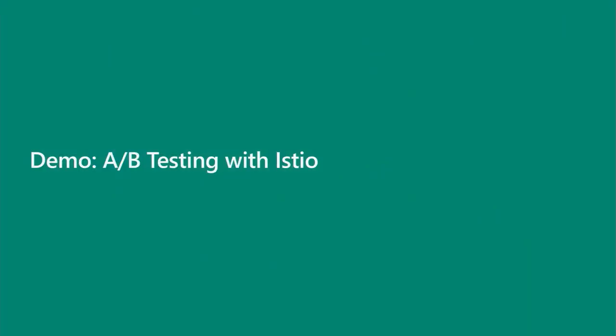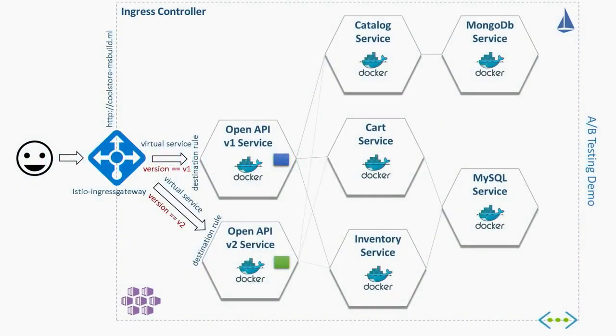We call this A/B testing, and we can use several tools to do it. In this demo we're using Istio. With A/B testing you can see we have two versions of the application, version 1 and version 2, just like the previous demo, but now the version is put into the headers of the request to the server, so that we can maintain two versions.